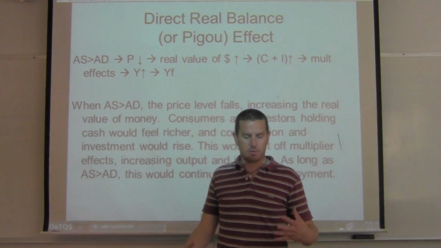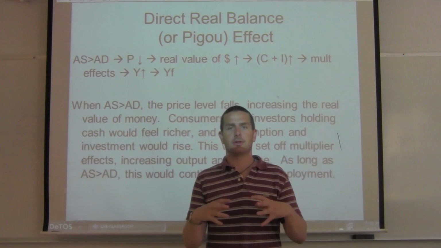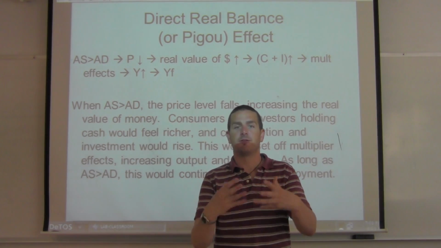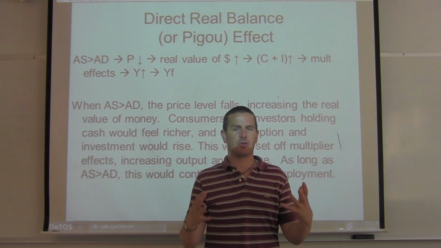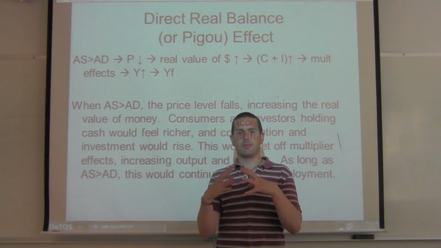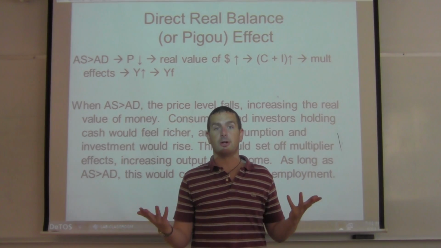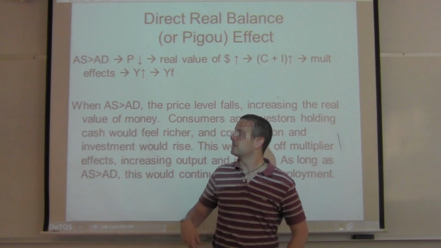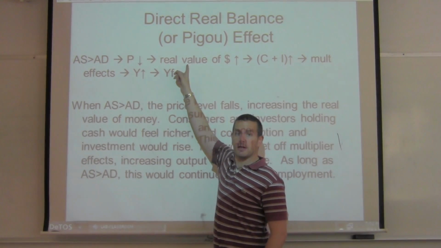So, you have a self-adjusting mechanism. The economy is operating at full employment, Phillips curve full employment, where a few people don't have jobs, but most people have jobs. We're at full employment, and then suddenly, boom, let's say some more unemployment develops. Well, if that happens, it's going to push prices down, which increases the real value of your money.